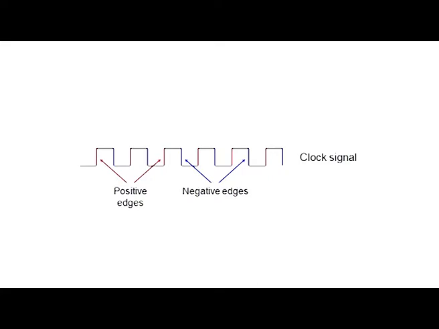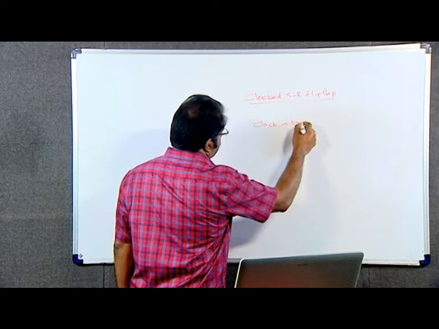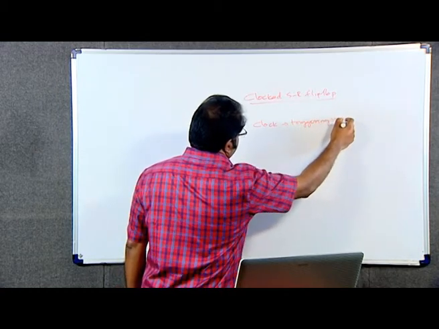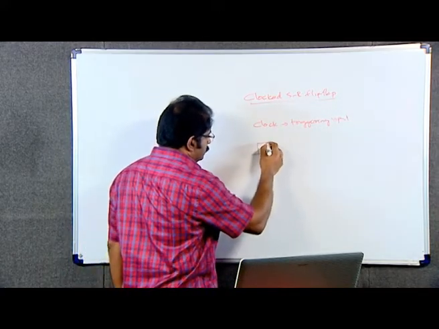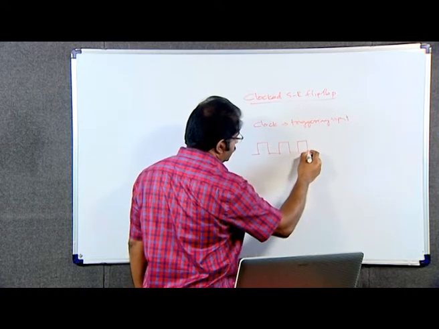This triggering input is called clock. Clock is serving as a triggering input. Let this be the clock, which is given as the third input.